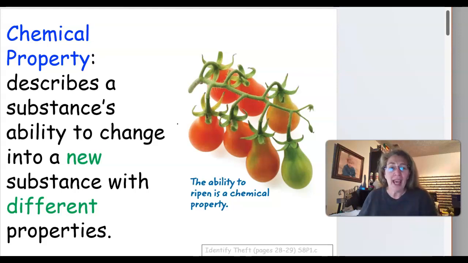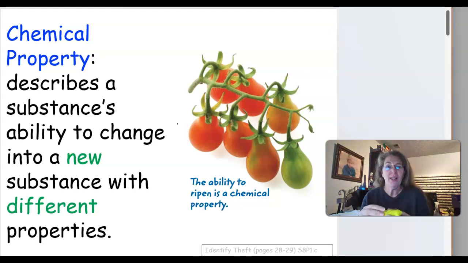An example that we had with physical changes was Play-Doh. Some of the physical characteristics that I could see would be this yellow, it's smushy, smells doughy.